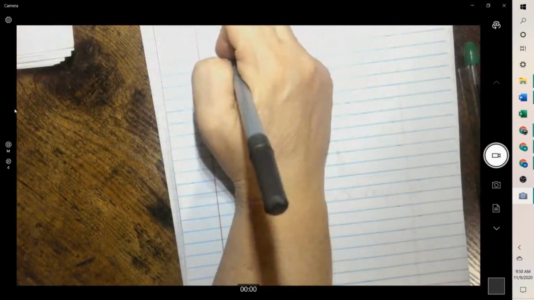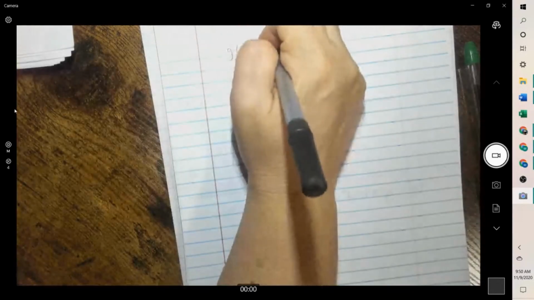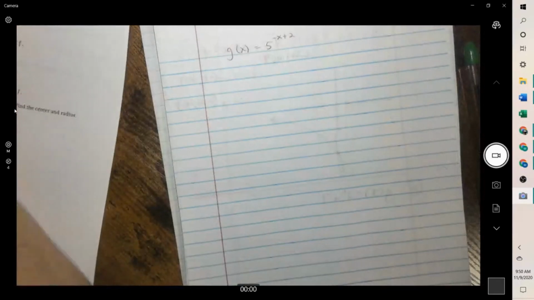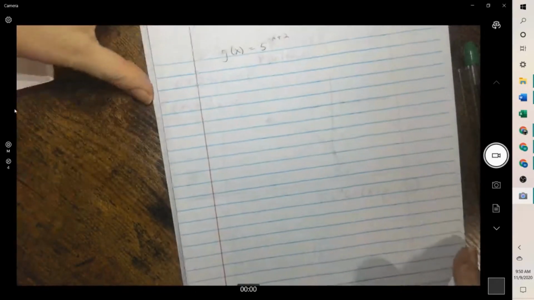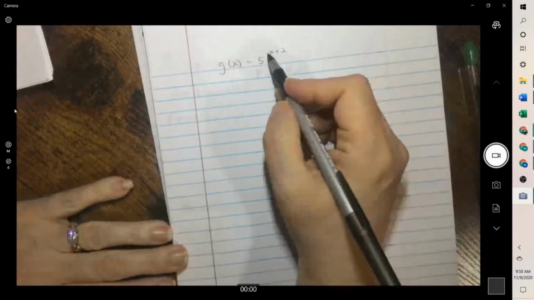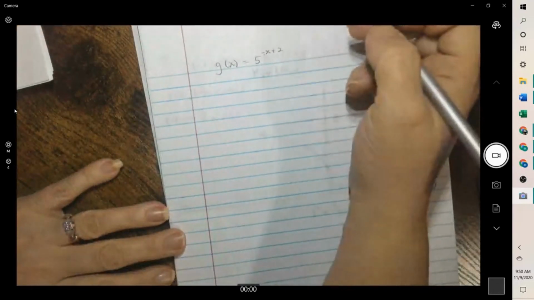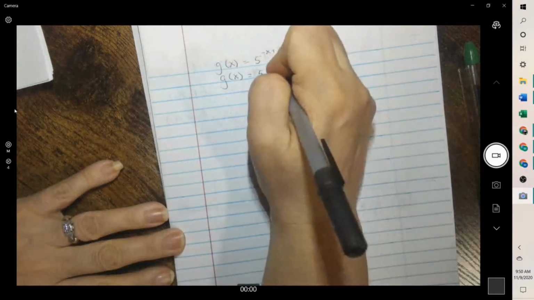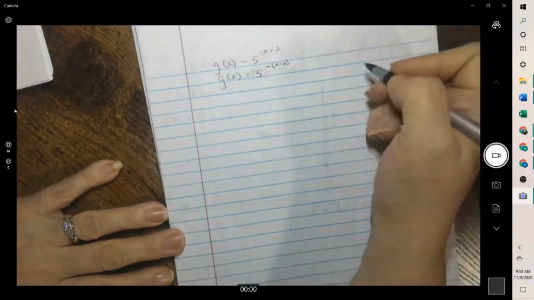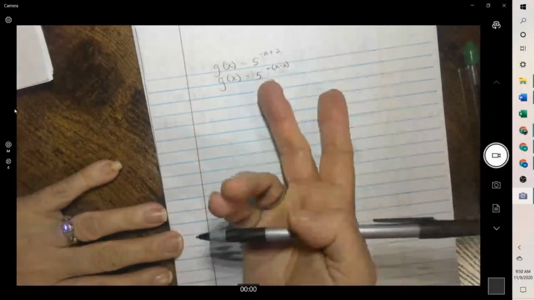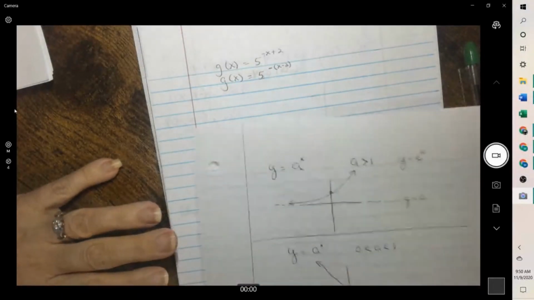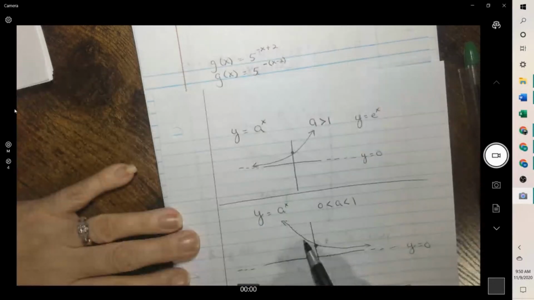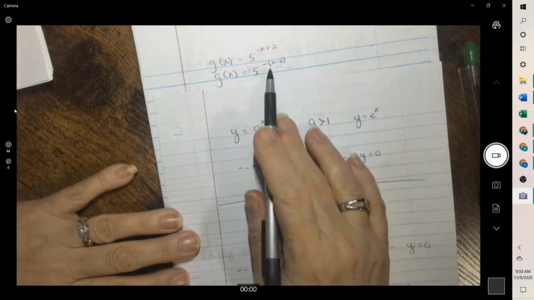There's one on this one. This negative, there's 2 ways you can do this. First, we have to pull the negative out. And then you can remember that this flips it like this, because it'll flip it across because of that negative.